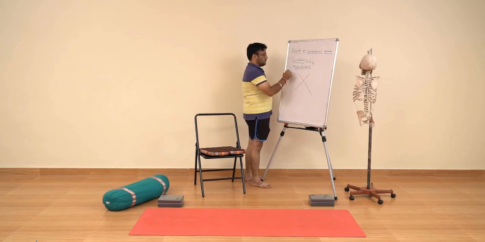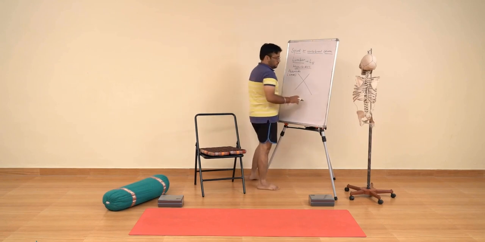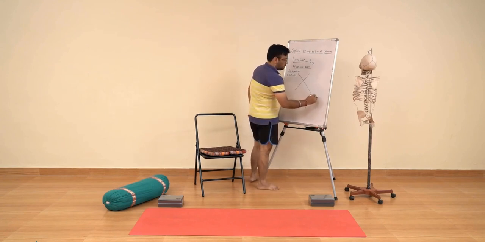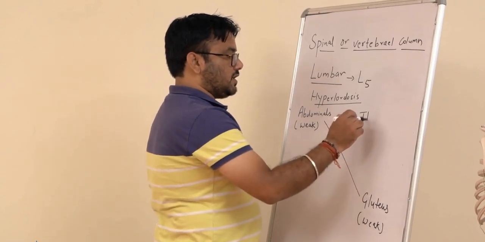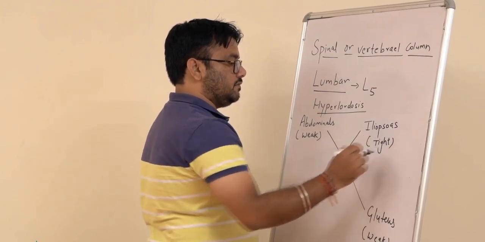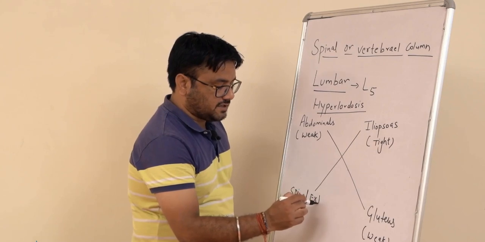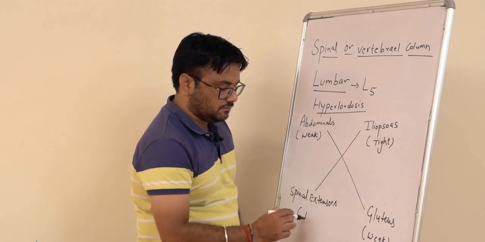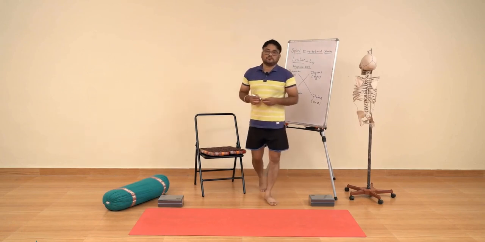Your abdominals get weaker. Glutes get weak. Iliopsoas gets tight. Spinal muscles, spinal extensors, that is your back muscles, get tight. So this we call the lower cross syndrome.